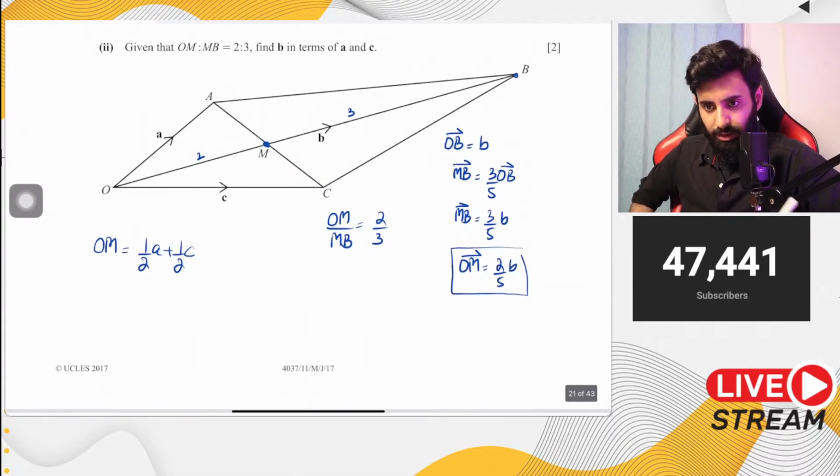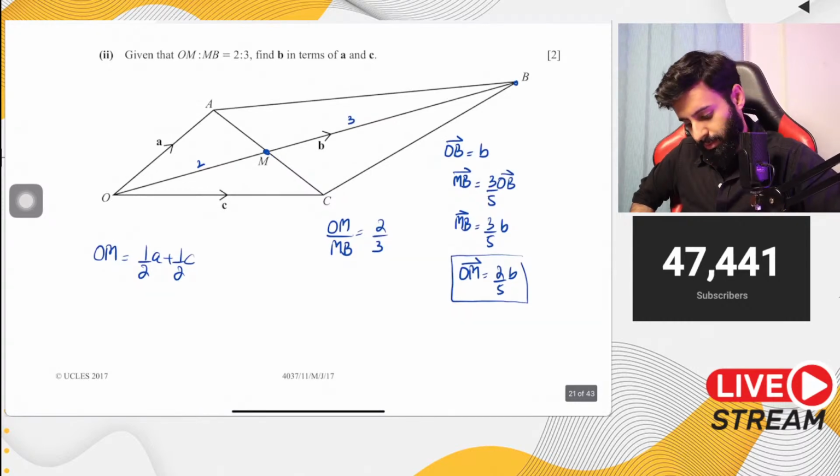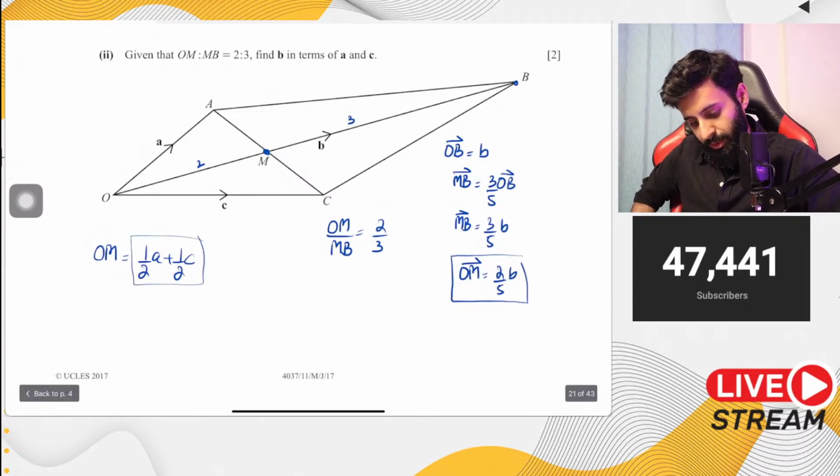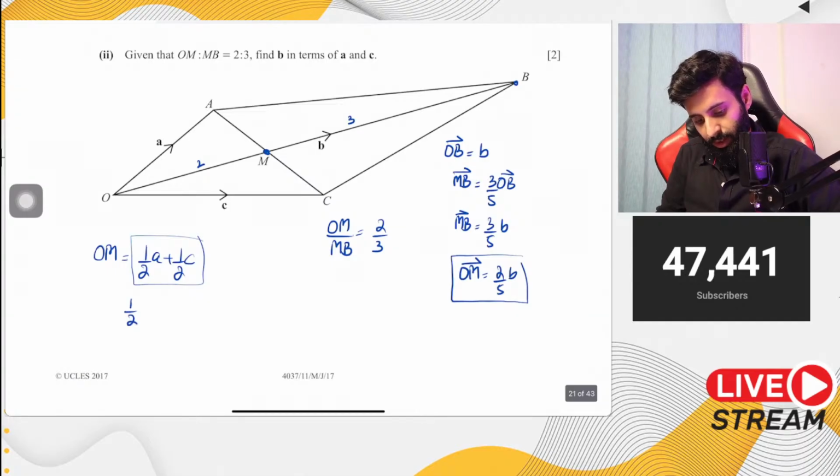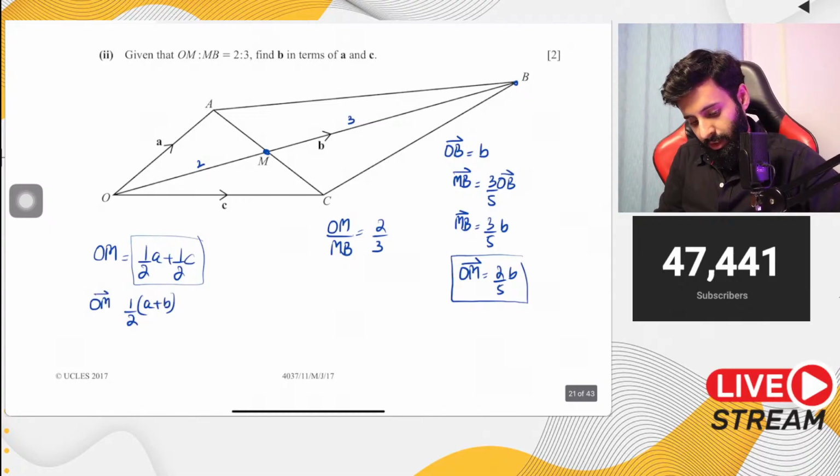So one OM is this, and the other OM is 2/5 of B. Let's write this nicely. OM is half of A plus C, and the same OM is also equal to 2/5 of B.